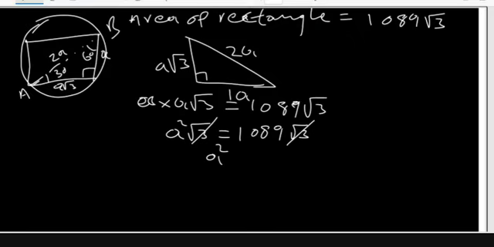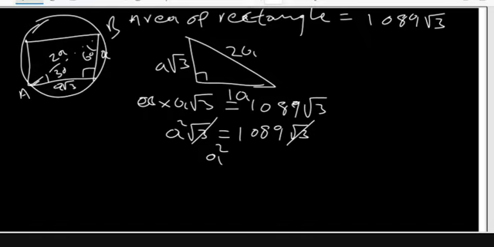A times A root 3. A times A is A squared, then you have root 3, which should be equal to 1089 root 3.